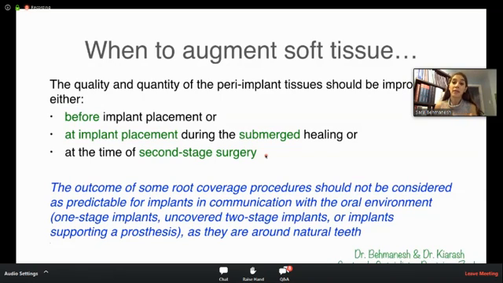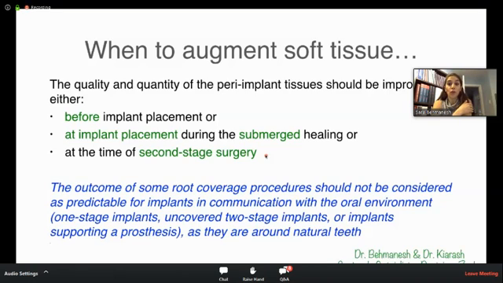Now, when is the best time to augment the tissue? There are 3 ways to augment the tissue at the implant site. Either before implant placement, meaning when you're doing your extraction or ridge augmentation, you can do a connective tissue graft on top of it to thicken the tissue. You can do it at the time of implant placement when you submerge the implant, or you can do it at the time of the phase 2 surgery.